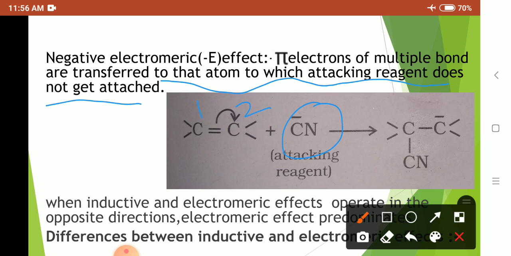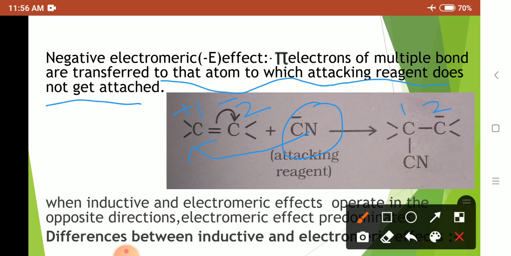So first carbon gets positive charge, second carbon gets negative charge. The arrow mark shows that the pi electrons, the negative charge, are on the second carbon. So CN minus is the attacking reagent. It has to go to the carbon with the positive charge. So here we have the CN on the first carbon and the negative charge from the pi electrons on the second carbon.